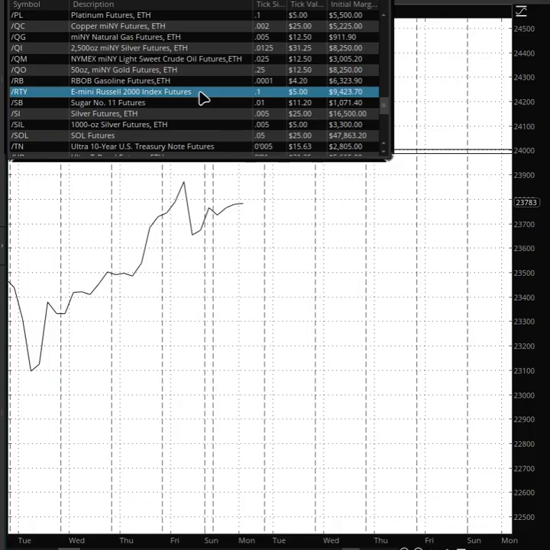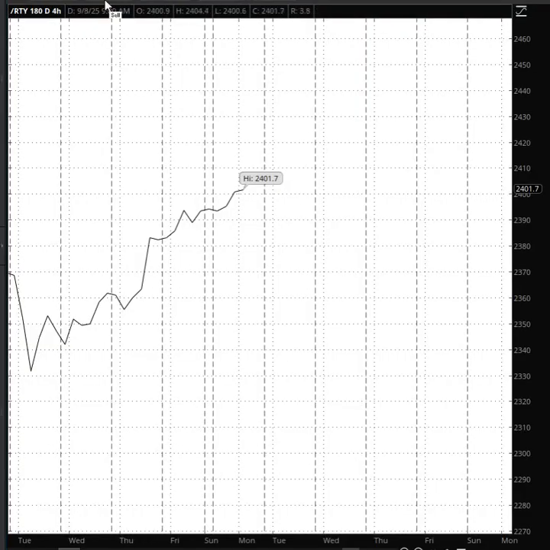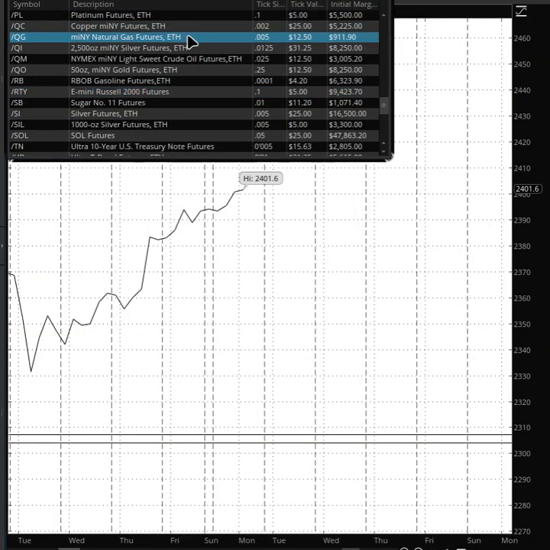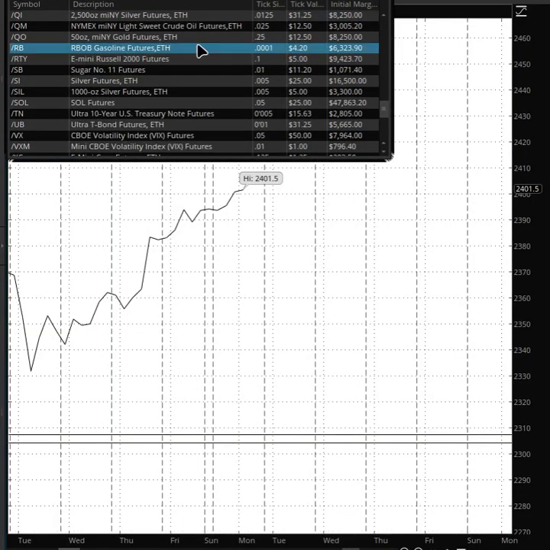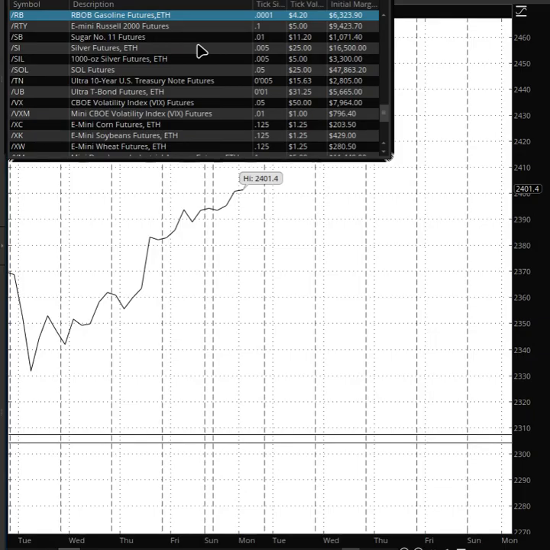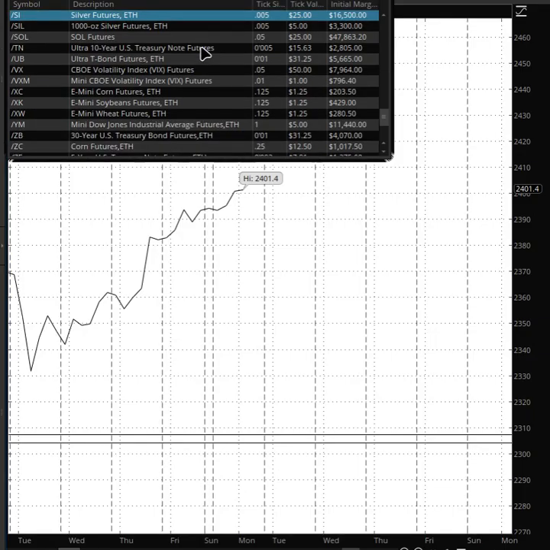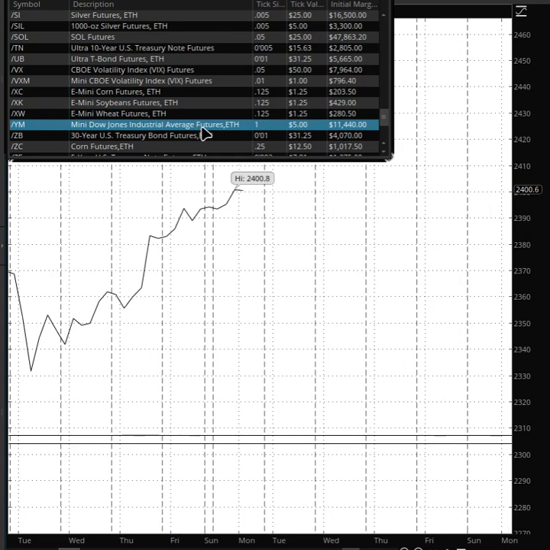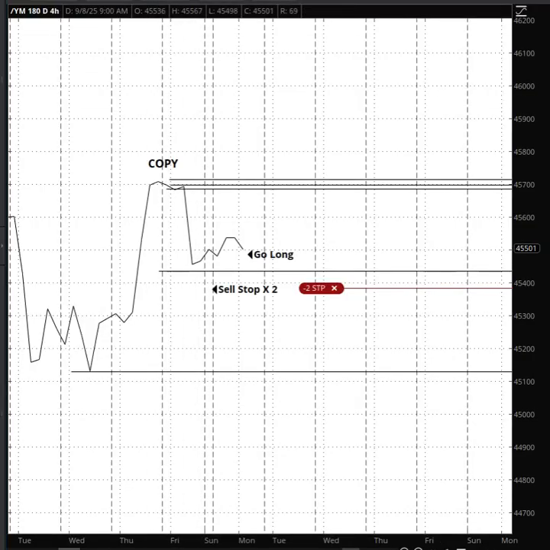We can include the E-mini Russell while we do that. And what else might help us here? Well, we have the mini Dow. We can include that in our test box.